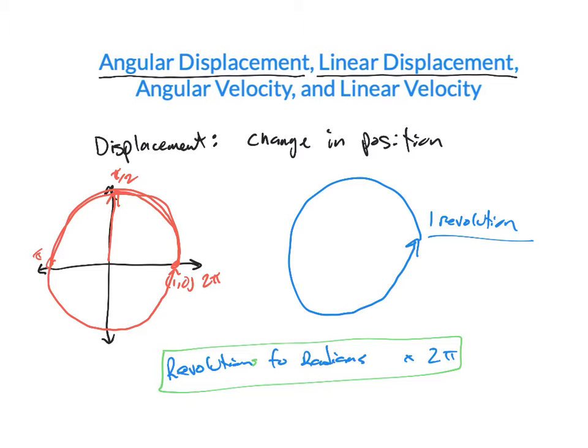Let me give you an example because I sort of mumbled through this. The first calculation you're going to have to make in this lesson is to determine the angular displacement. Velocity is coming later. And we're going to do that in radians if we're given a certain number of revolutions. At the end of the last slide, I said if you want to convert revolutions to radians, you simply multiply by 2 pi. So for this calculation, I'm going to take these 4.5 revolutions, multiply by 2 pi, and I'll be able to tell you the angular displacement.